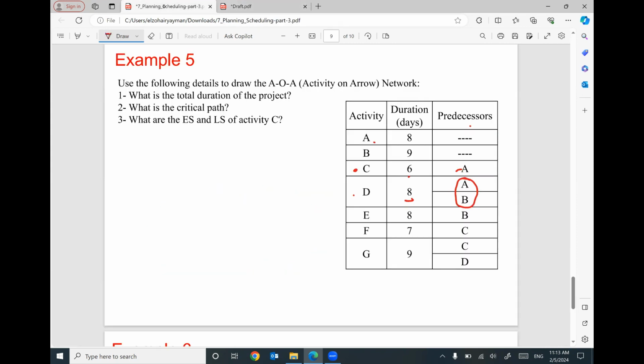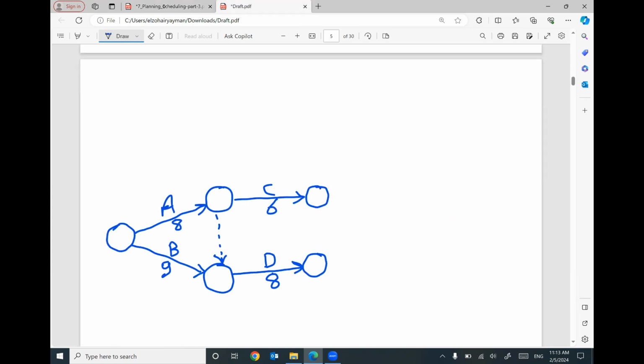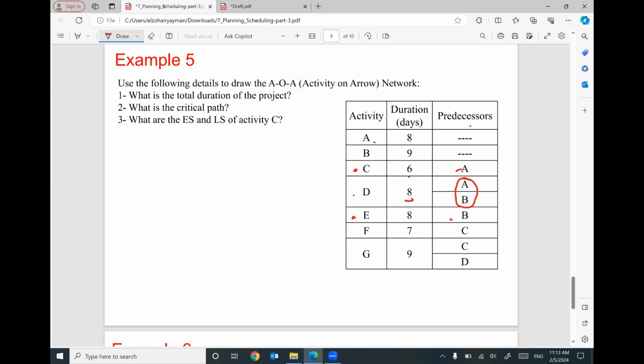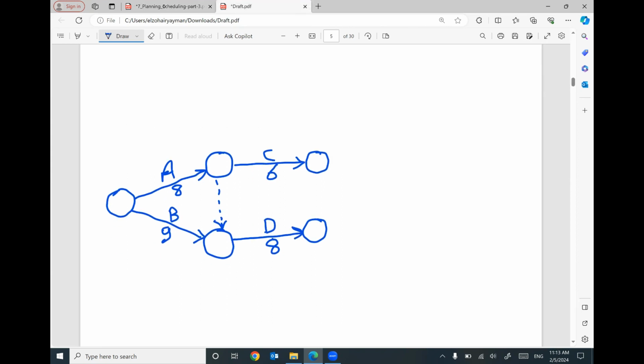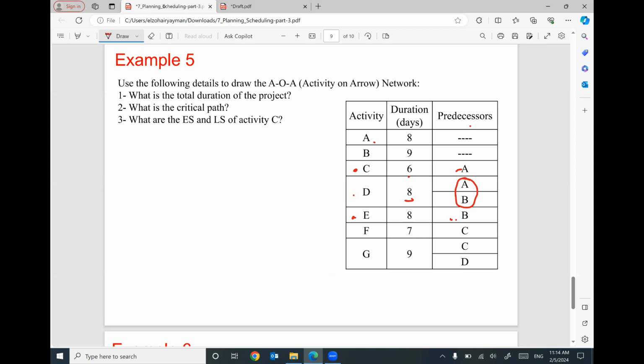What else? Activity E has a predecessor B. Only B. Make sure E has only predecessor B. So I can draw activity E like this, with the duration equal 8.